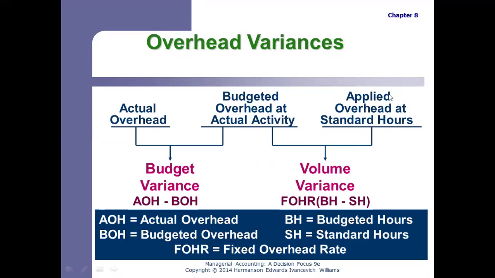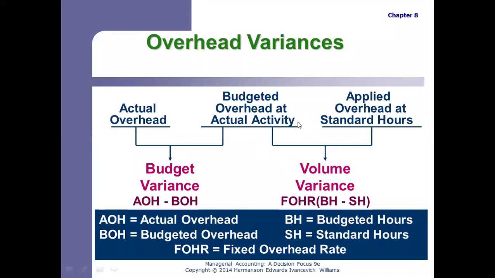So this was the budget prepared ahead of time, sort of. This is the flexible budget in the middle. So there are two variances for overhead: your budget variance, which is your actual overhead minus your budgeted overhead, and the volume variance. Volume variance is your budgeted overhead at your actual activity minus your overhead at standard hours.